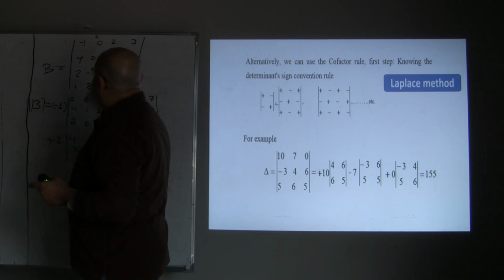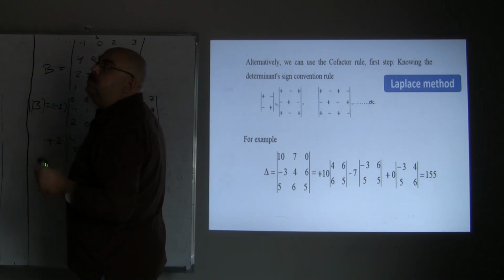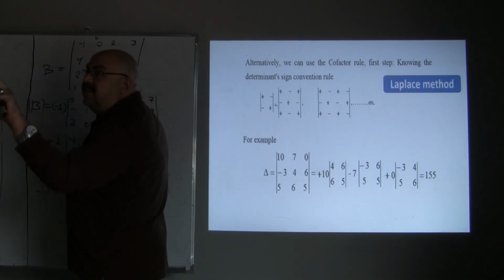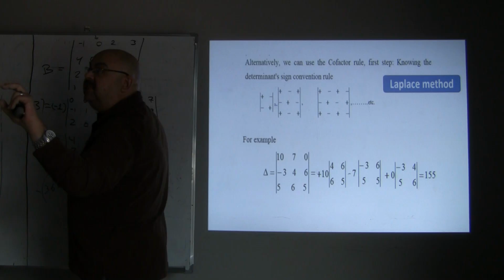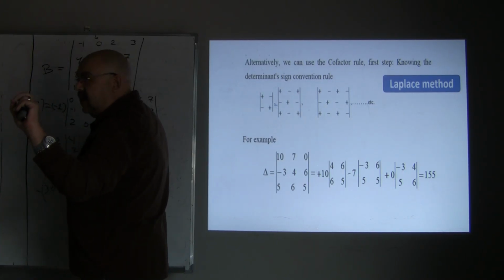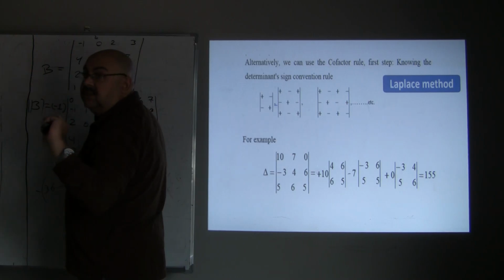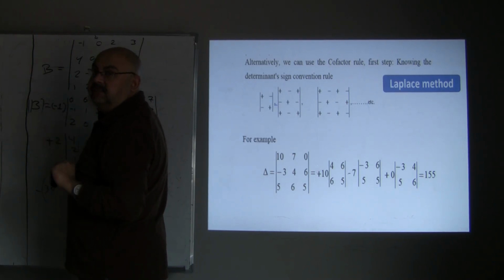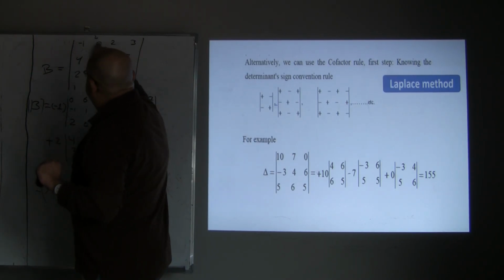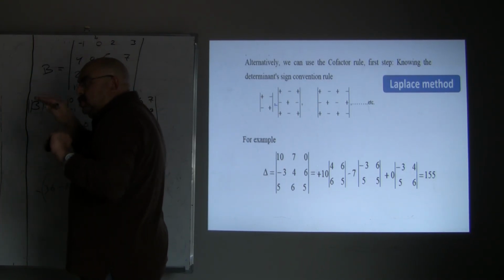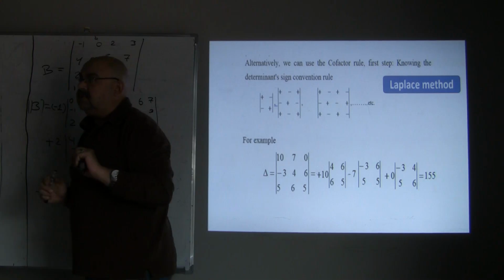If I go for this number, what's its position? Third row, third column. Add these numbers together. If the sum is even, the sign is going to be positive. If the sum of these two numbers is odd, the sign is going to be negative. Each of these numbers has a position in the determinant of the matrix.